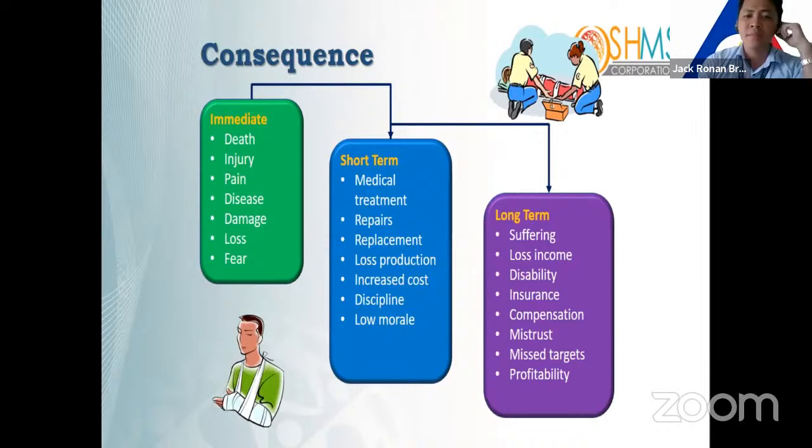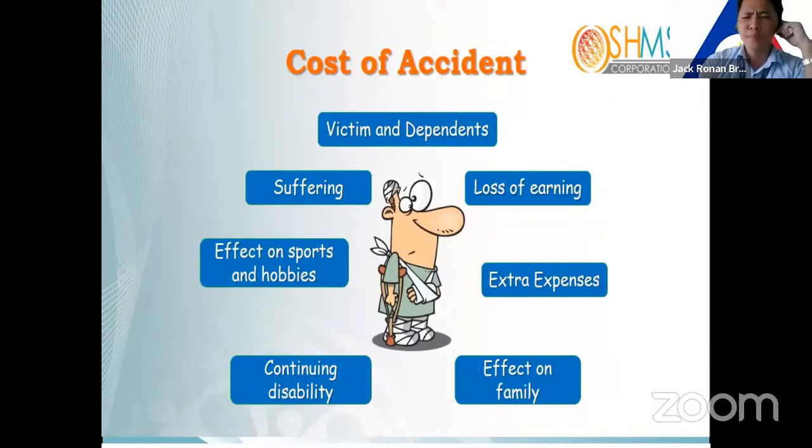It includes the medical treatment, the repairs, the replacement, loss of production, increased cost, discipline, and low morale. And the long-term effect of accident is suffering, loss of income, disability, insurance, compensation, mistrust, missed targets, and profitability.